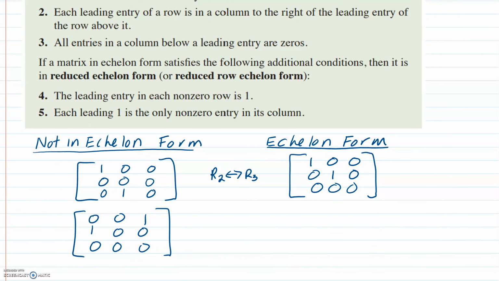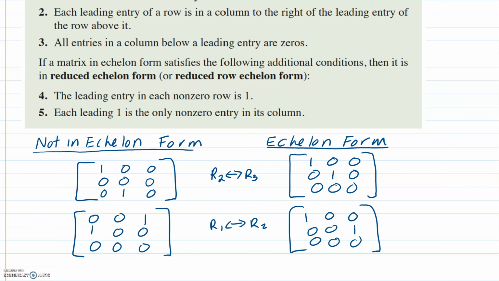Here's an example of a 3 by 3 that's not in echelon form, and it's because the leading entry of the second row is not to the right of the first row. Again, that's going to be the same remedy. I could just switch those rows, row 1 and row 2, and then it would work. It does not have to be in a diagonal anymore.